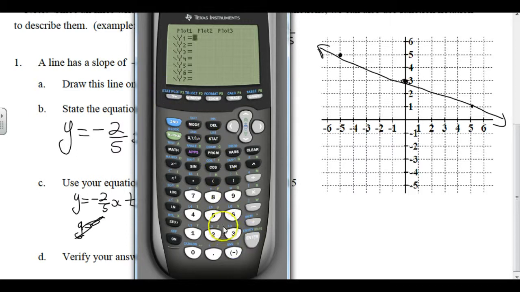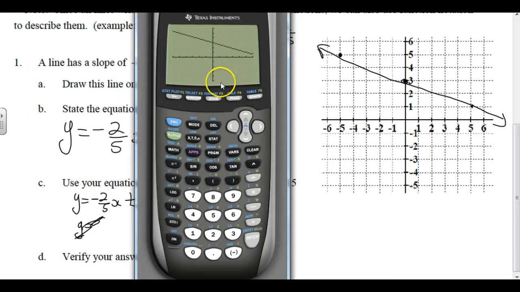And we're going to put in negative 2/5 x plus 3. And let's graph that. So there's our y-intercept, and we can see that these graphs look pretty close to the same there.